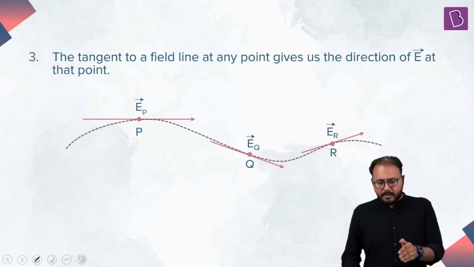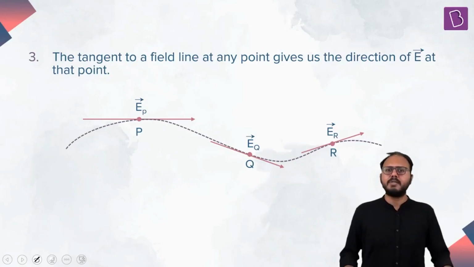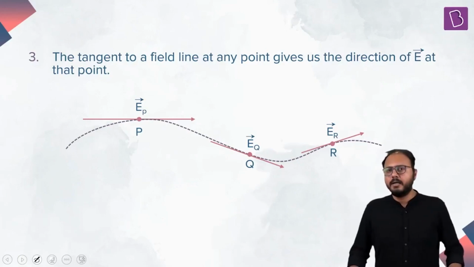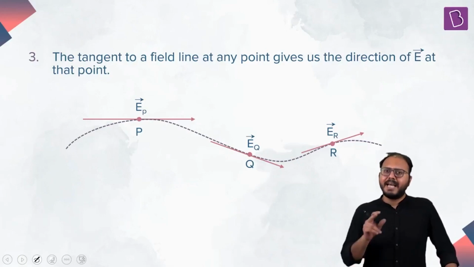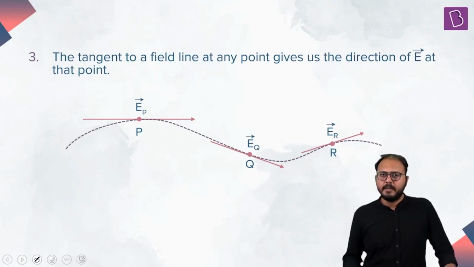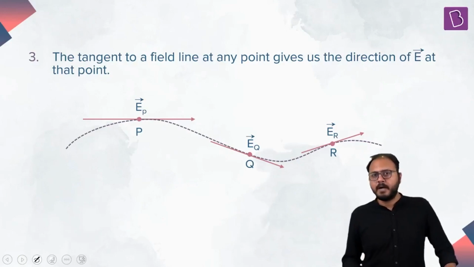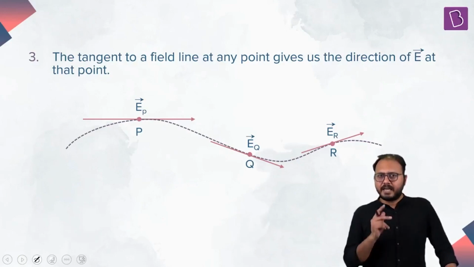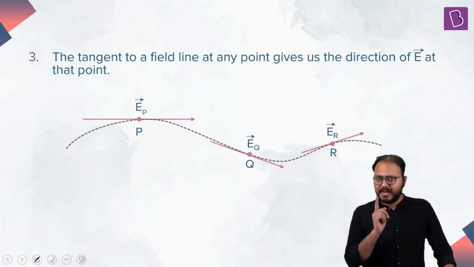Look at this random curvilinear field line I have drawn, and I have chosen 3 random points on that, P, Q and R. The direction of electric field at point P will be given by the tangent at point P. Direction at point Q will be given by the tangent at point Q, and similarly the direction of field at point R will be given by the tangent at point R. Understood? If field lines are given to me, I can figure out the direction of the electric field at any point by drawing a tangent.